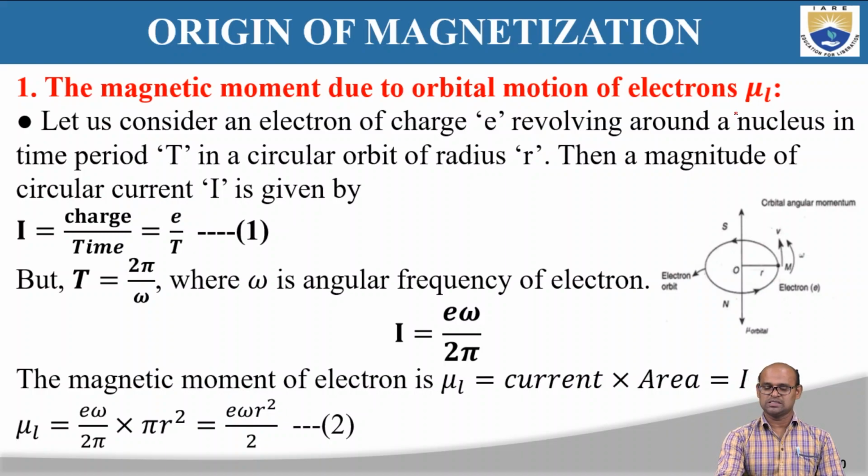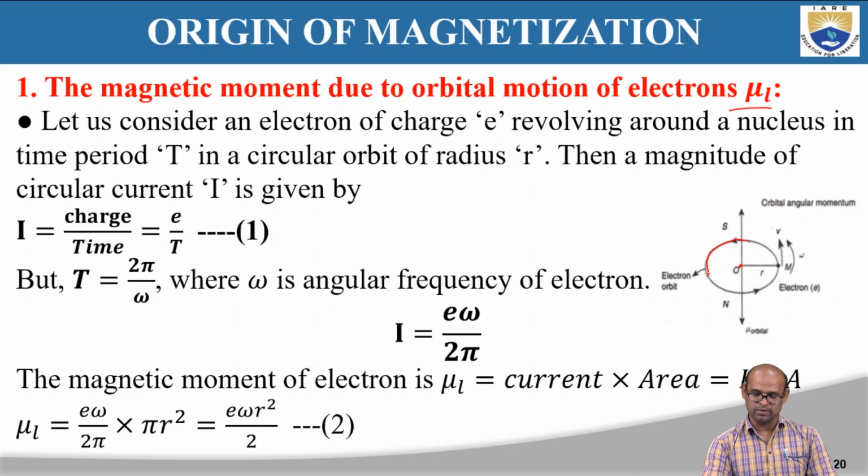I am denoting this magnetic dipole moment by mu L. Let us consider an electron of charge e revolving around a nucleus in time period T in a circular orbit of radius r.